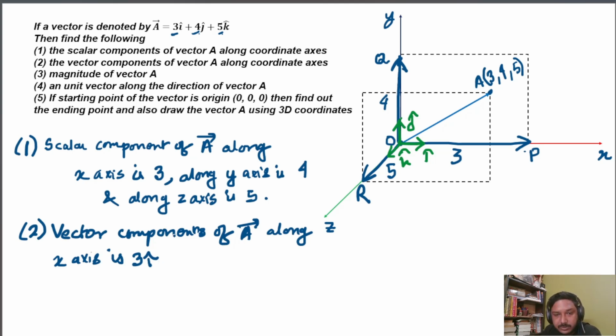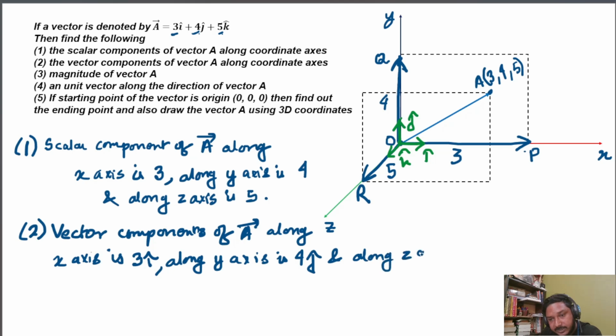That will be the vector component along the x-axis. Along the y-axis is 4 j cap, and along the z-axis is 5 k cap. Okay, so that will be the answer for heading number 2.